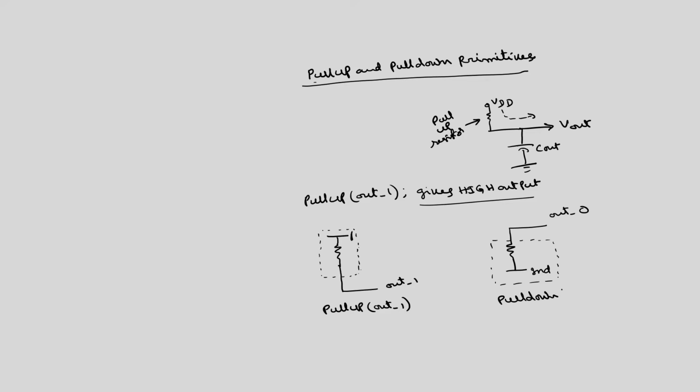If I write pull down out 0, this will mean the output will give low value. The upper circuitry here, I will assume that this is open circuit type of thing. Okay. Similarly, here the lower circuit will be something like open circuit.